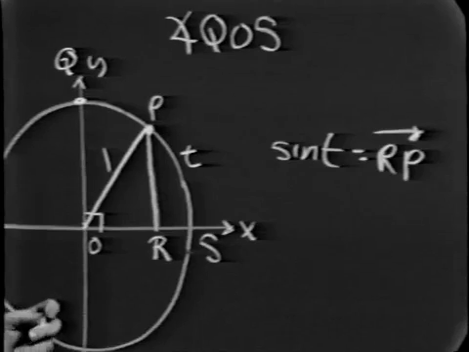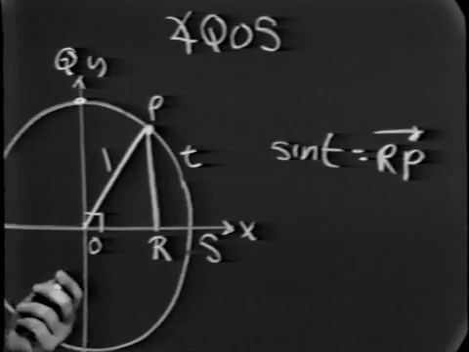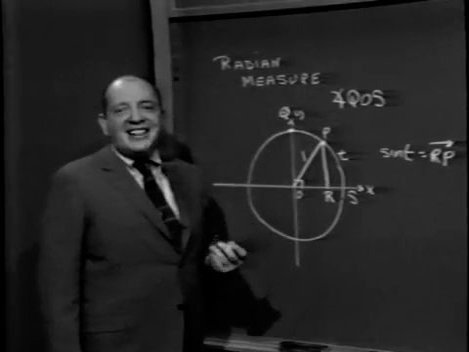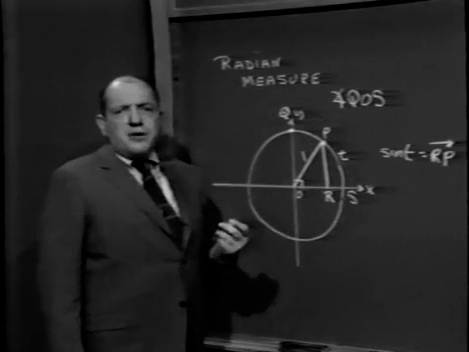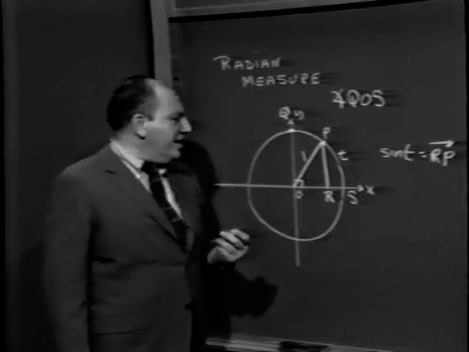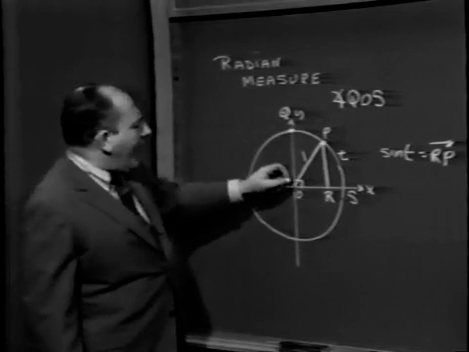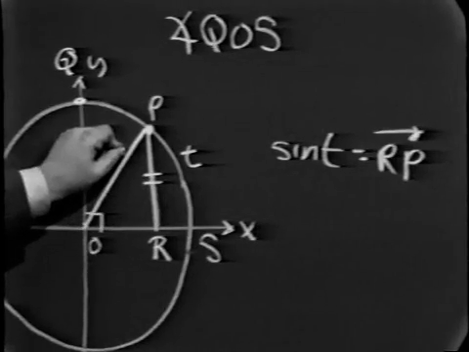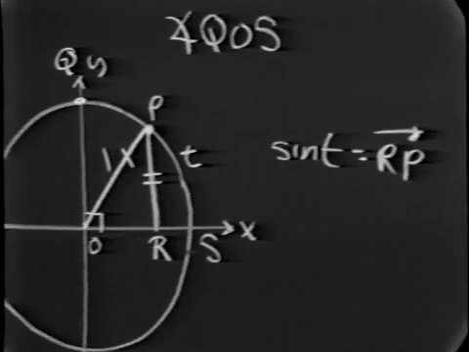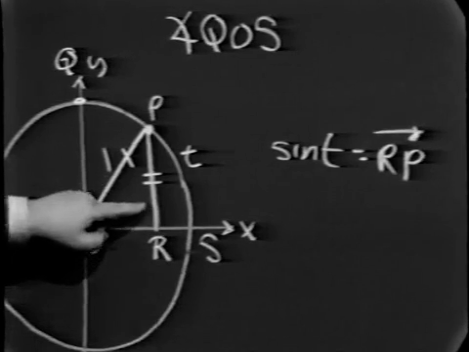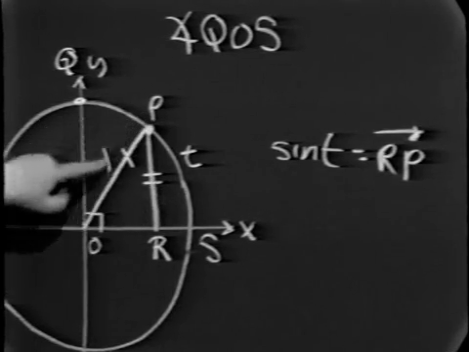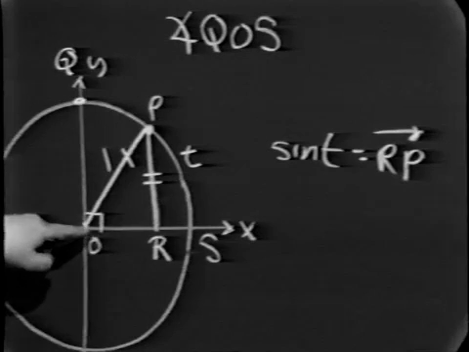Now, the point is, I said disregard traditional trigonometry, but we can't really disregard it. It exists. For the person who's had traditional trigonometry, how would he tend to look at this length divided by this length? He would think of that as being what? It's side opposite over hypotenuse. That also suggests sine.